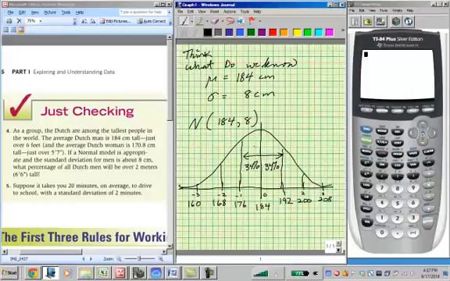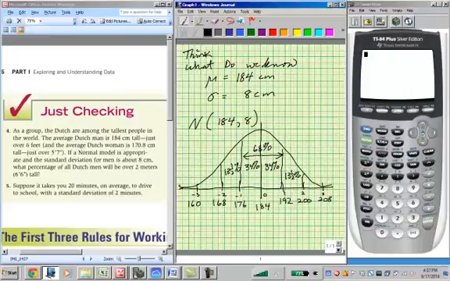So 68%. Now, if we go to the next standard deviation, the partition between -1 and -2 is 13.5%, and between 1 and 2 is 13.5%.